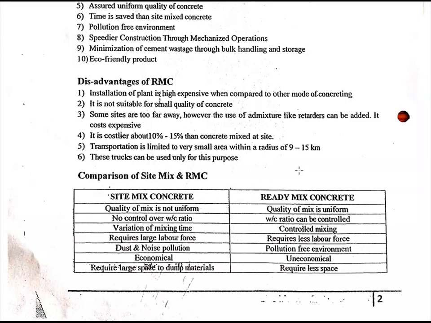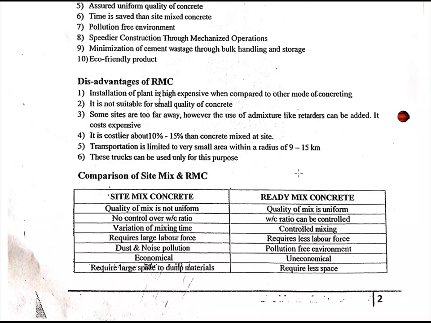See, usually a truck transit mixer has the capacity of carrying around normally 5 to 6 meter cube of concrete. So for a small slab, you may require around 15 meter cube of concreting.